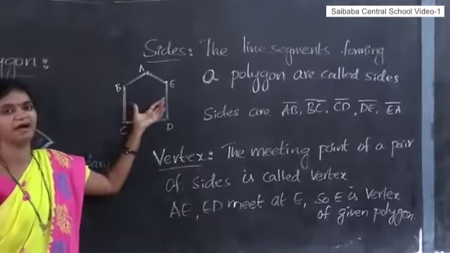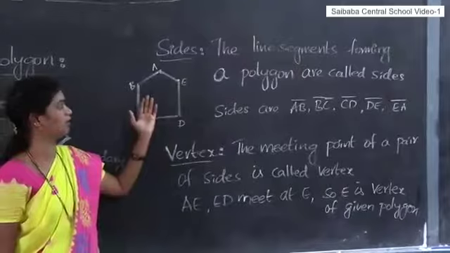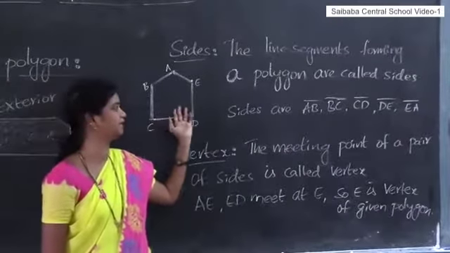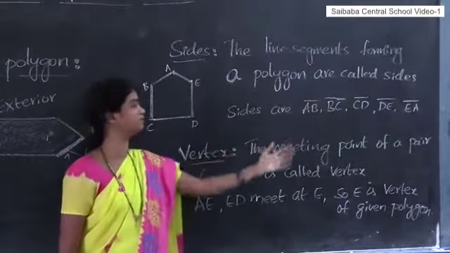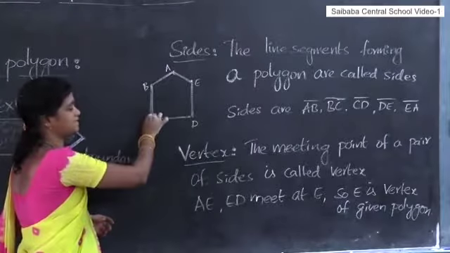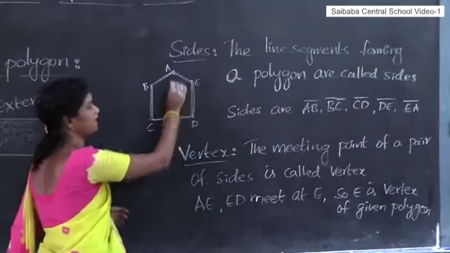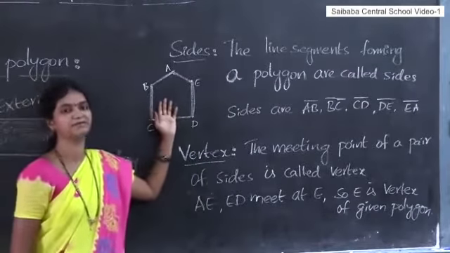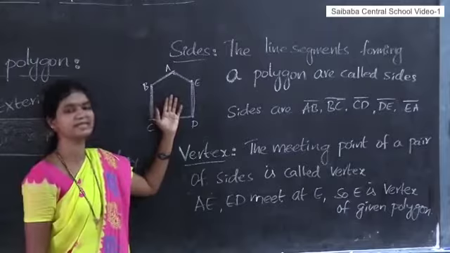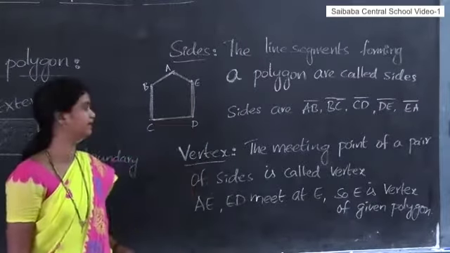Here with 5 line segments we formed this figure. So how many sides are there in this figure? Sides are 5. What are those sides? AB, BC, CD, DE, EA. These are the 5 sides. The line segments only we will call sides of the polygon.